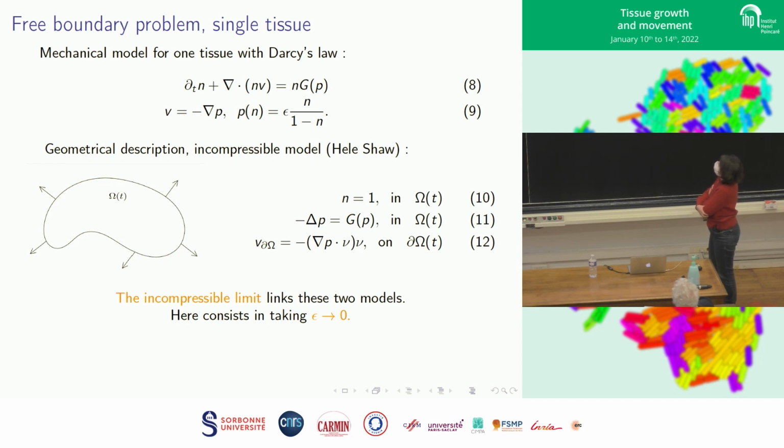Then the velocity of the tissue is linked to gradient p here in the case of Darcy. And in this case, you see that the velocity of the boundary, which is the velocity of the tissue at the boundary, is also linked to gradient p.